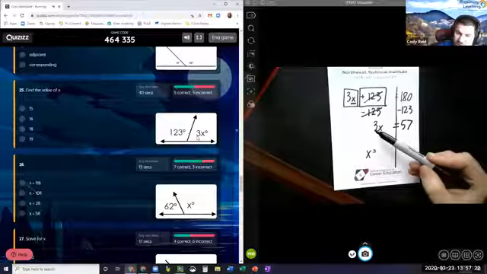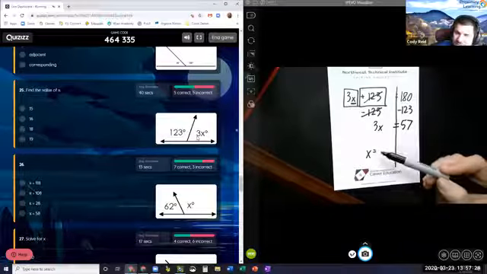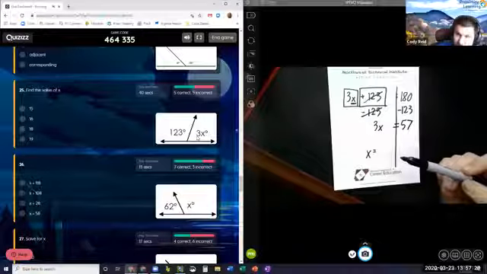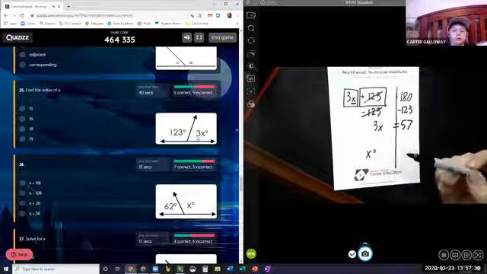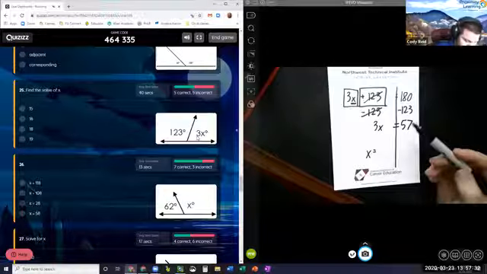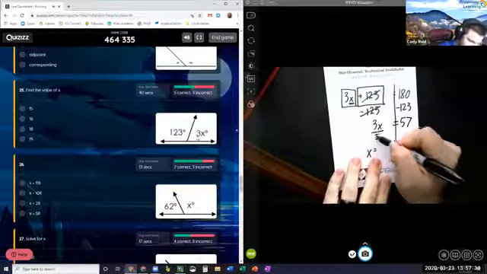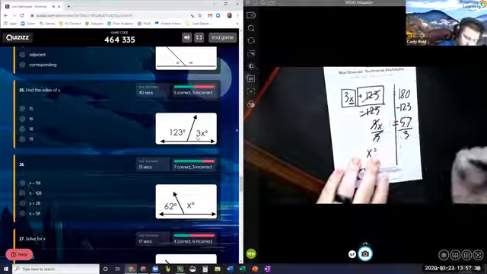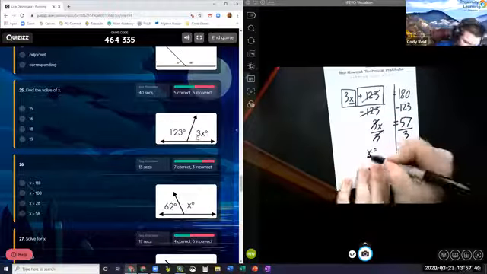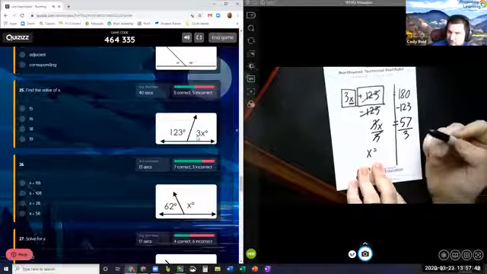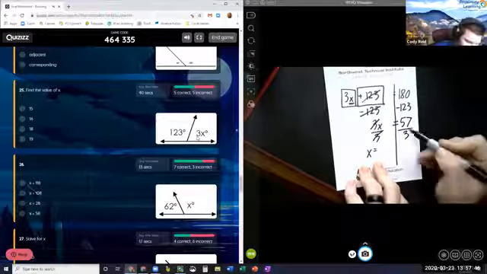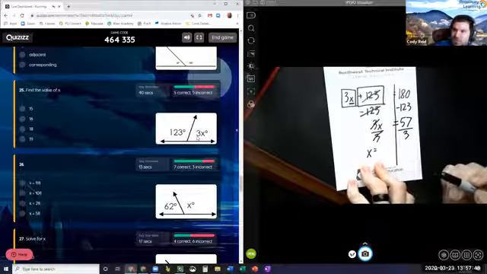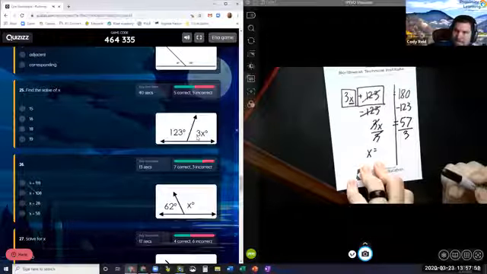So we have 3 times x equals 57. What are we going to do with the 3? Divide by 3. Thank you, Carter. Thank you, Javier. So we're going to divide both sides by 3. Those 3s cancel, leaving just 1. We just don't write the 1. We just leave x by itself. 57 divided by 3 equals 19.